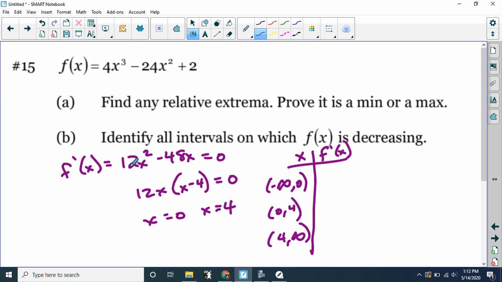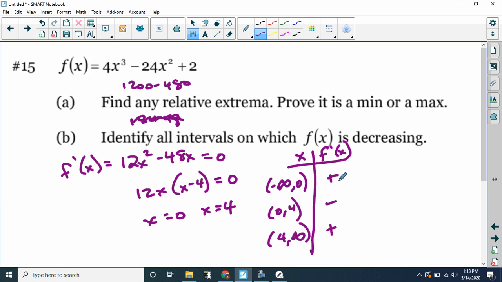So if I plug in -1, I'm going to get 12 plus 48, which is positive. If I plug in 1, I get 12 minus 48, which is negative. And if I plug in 5 or 10, 10 would give me 1200 minus 480, positive.